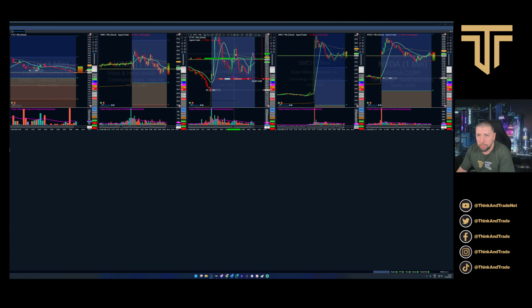This is this orange line you can see here. So coming back down.